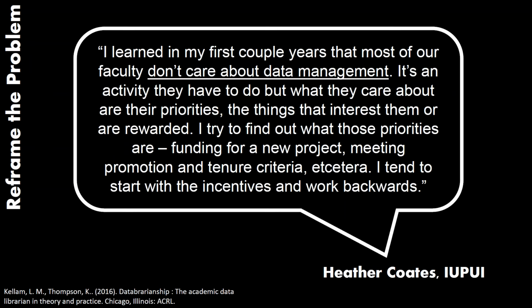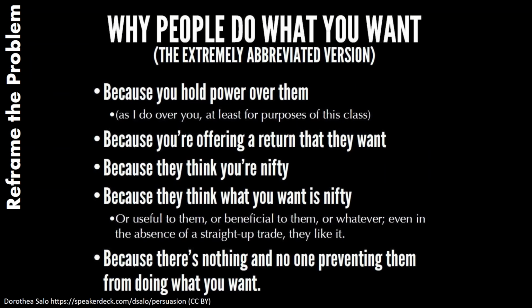The other thing I think is important here when looking at need is that because a lot of data services are so new, we're basically persuading researchers to do something that we want them to do that they haven't done before. Let me steal another slide here from Dorothea Salo, who's an instructor at UW-Madison at their information school.